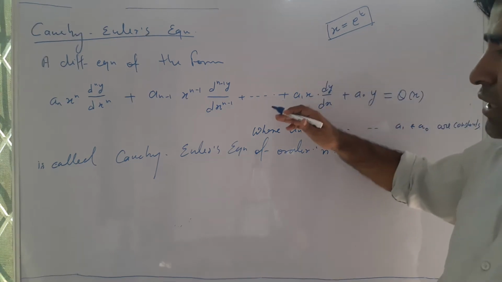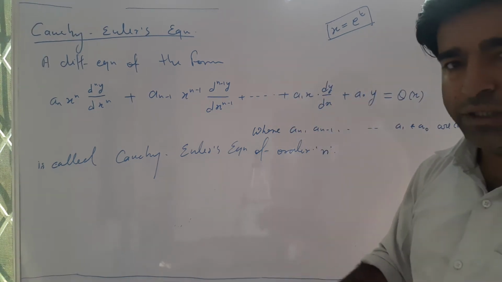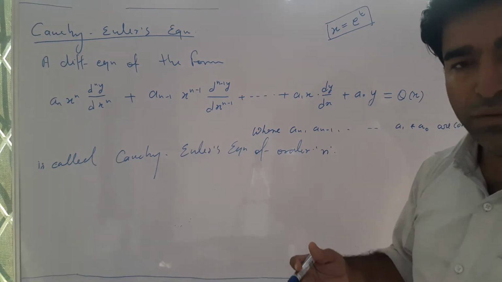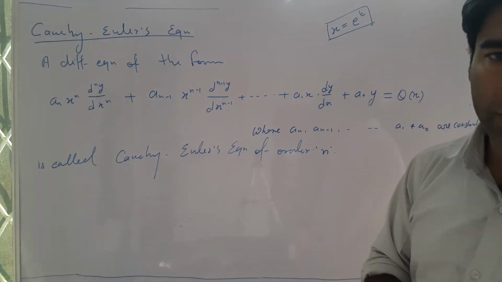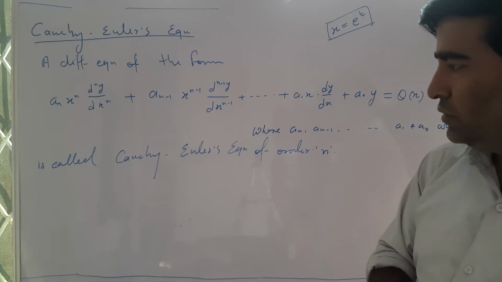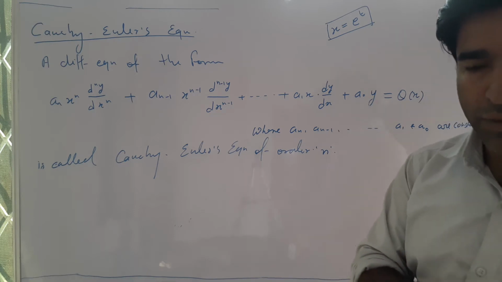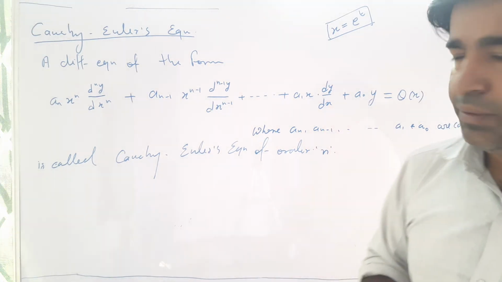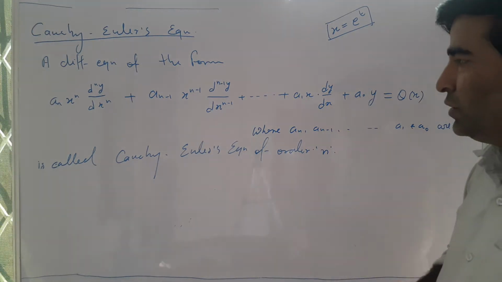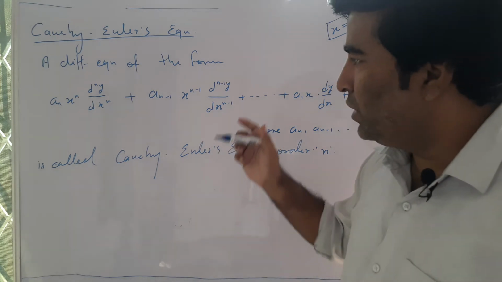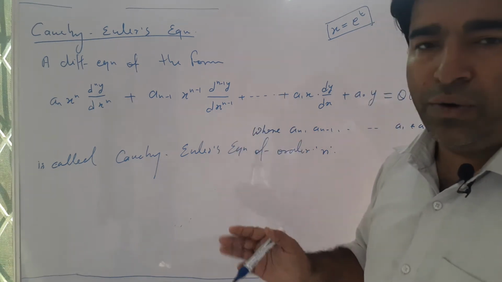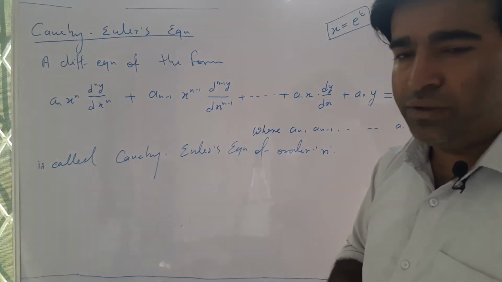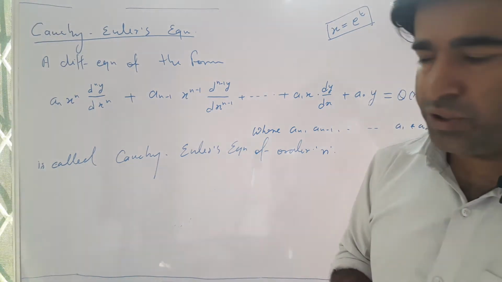We convert the Cauchy-Euler equation into a differential equation with constant coefficient, and we have already solved differential equations with constant coefficient in the previous lecture. Okay, so now first of all we convert a second order Cauchy-Euler equation into a differential equation with constant coefficient.